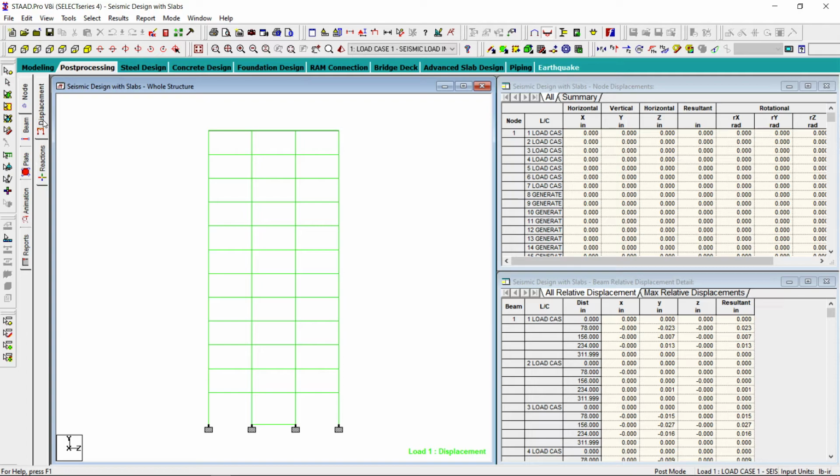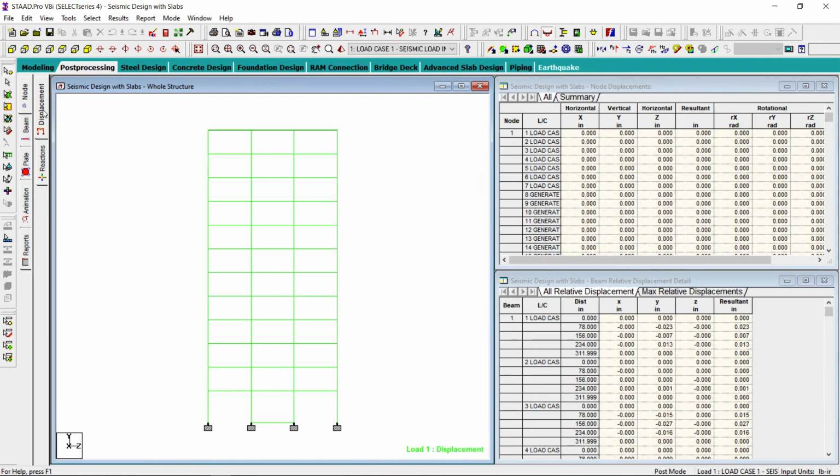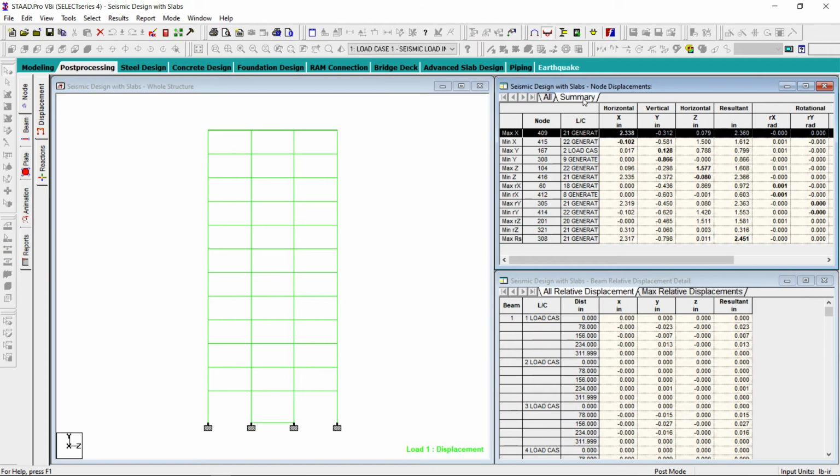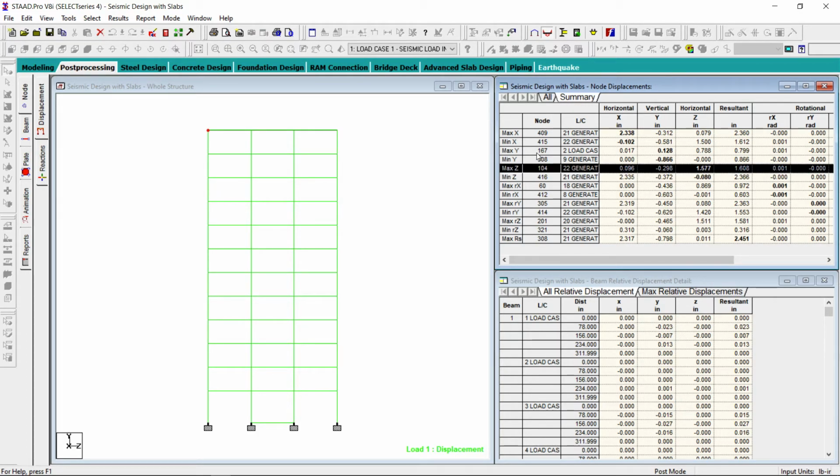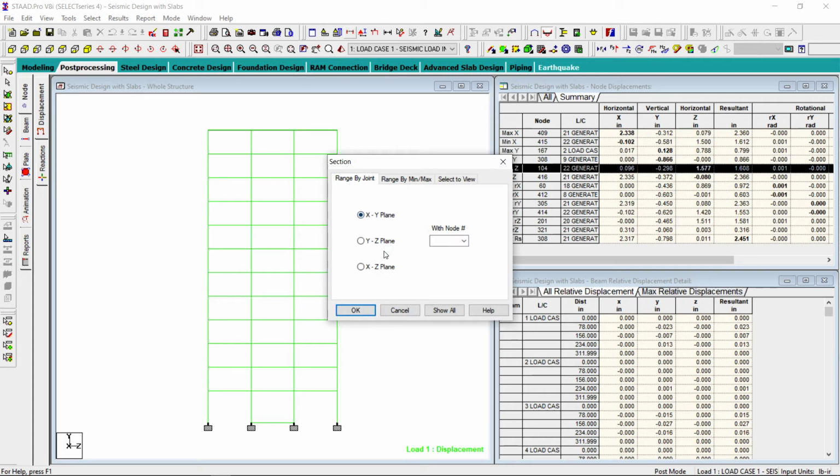Let's see the largest deflection in the direction of Z. It is 1.577, at node number 104. Okay, let's see where node number 104 is lying.